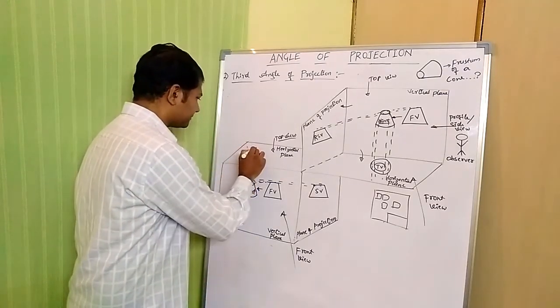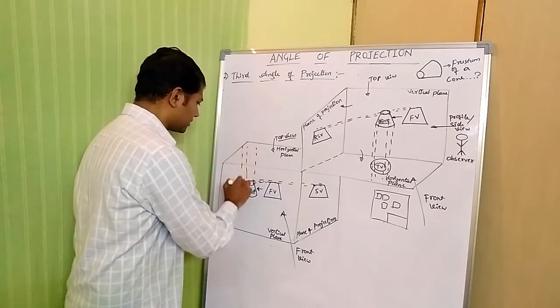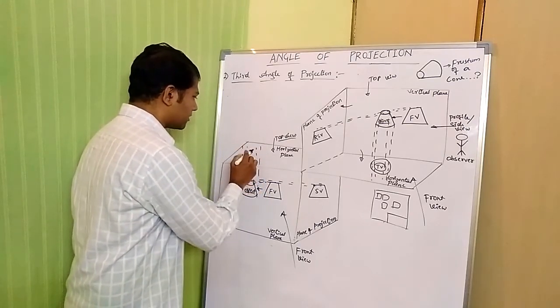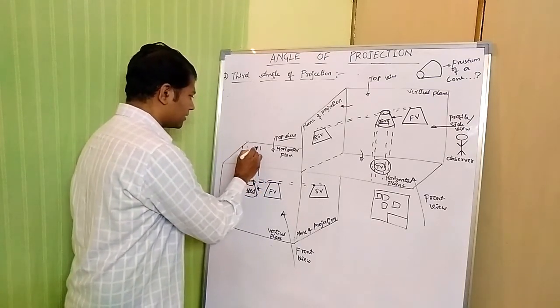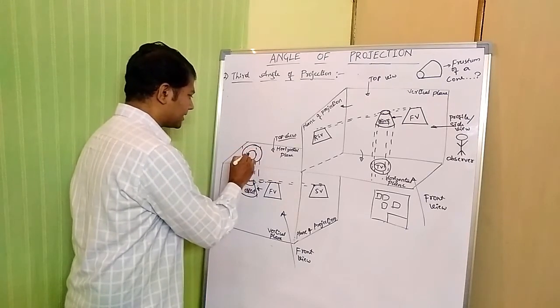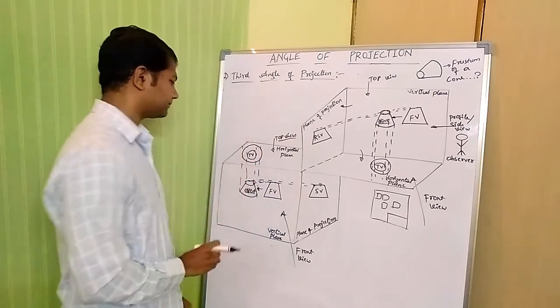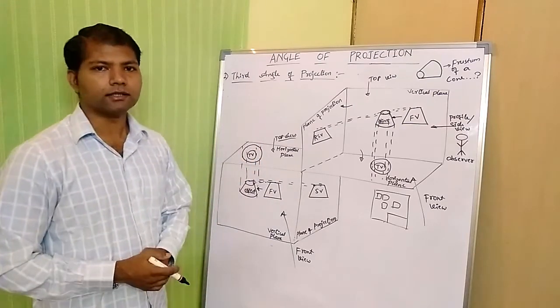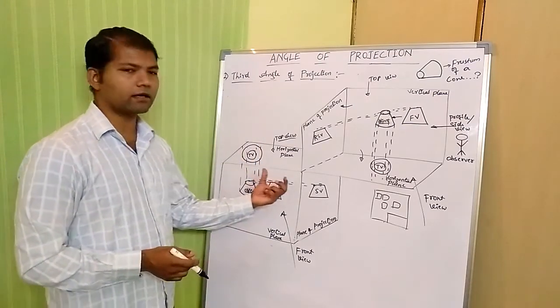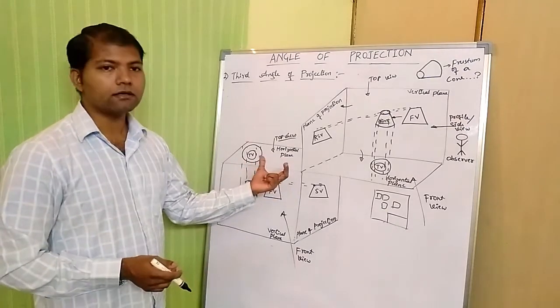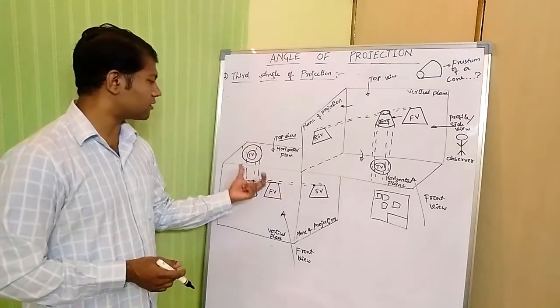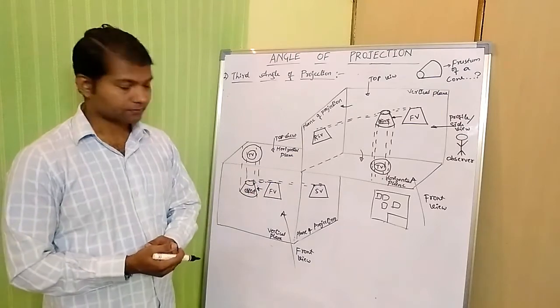You are going to project the object on a horizontal plane, and here too, the top view is placed on a horizontal plane. This is exactly the position of an object with respect to the planes, how the object is being projected.